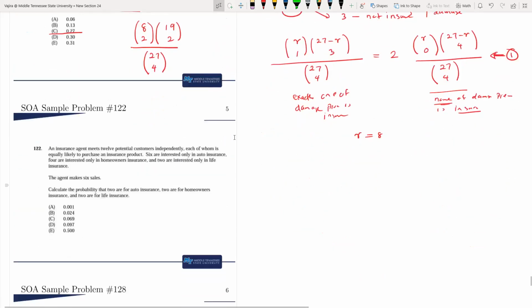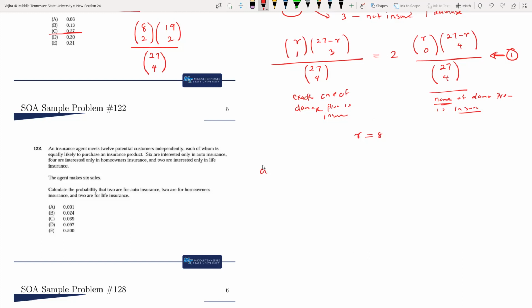Let's go next one. Take a moment and read the problem. The question says an insurance agent meets 12 potential customers independently, each of whom is equally likely to purchase an insurance product. 6 are into auto insurance, 4 are likely to buy home insurance, 2 are interested only in life insurance.